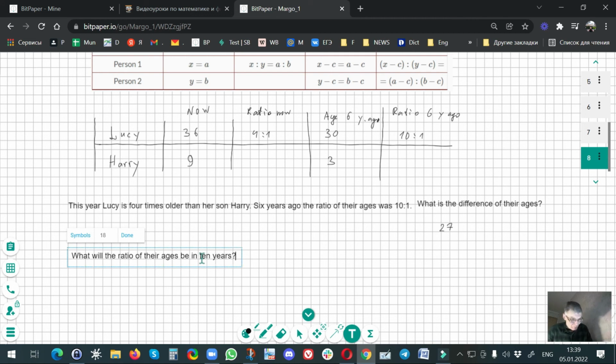And what would be the answer? 10 years from now, it would be 46 over 19. By the way, nothing even to cancel. So this is the answer, just not a very good fraction.